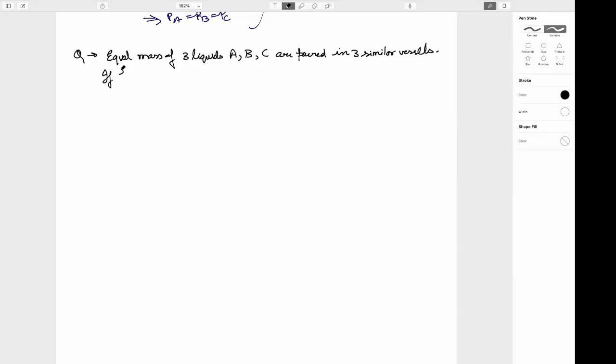If rho A is greater than rho B, greater than rho C, then choose the correct option.